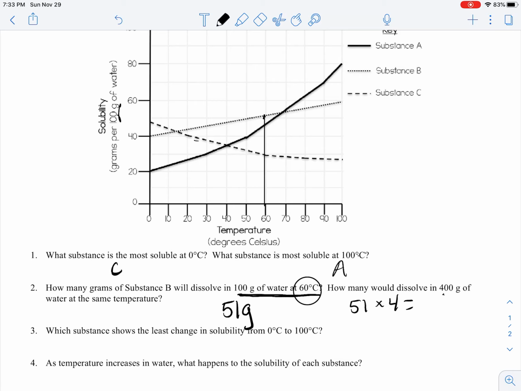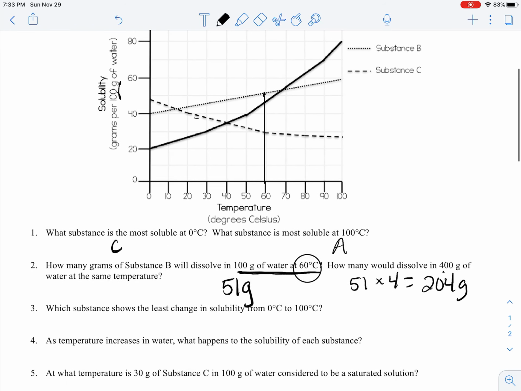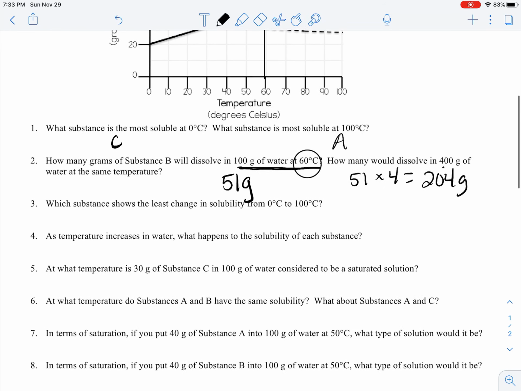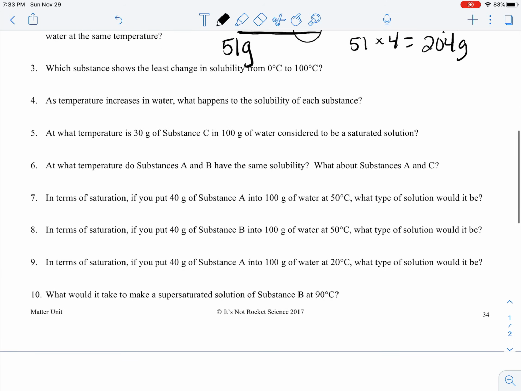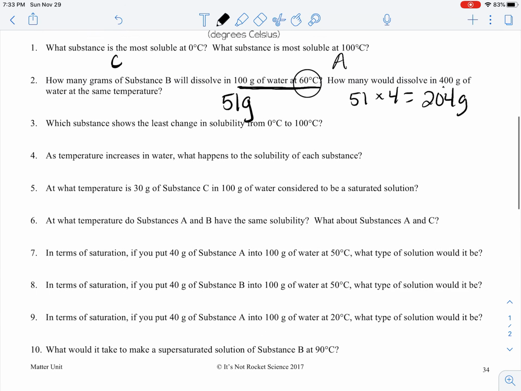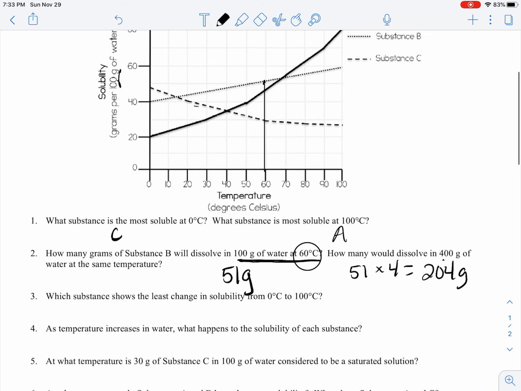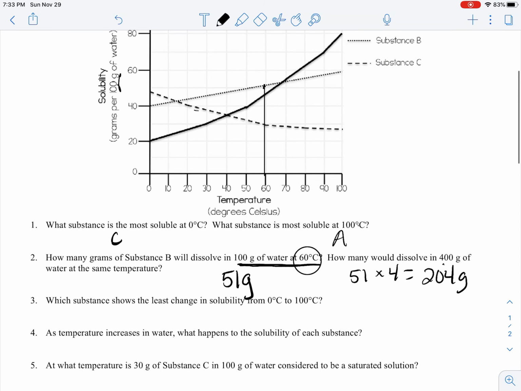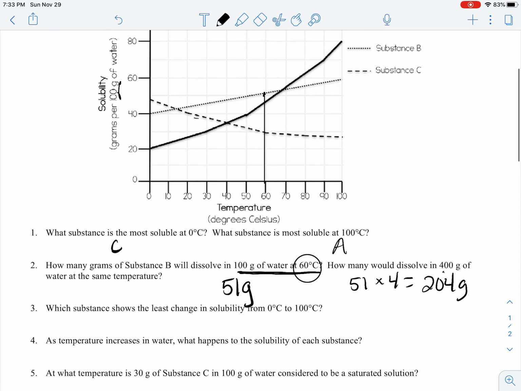So 51 times 4 is going to be 204 grams. So super easy. You might have to do a little bit of that as you're going through, but just answer every question. You might not get every single one of these correct, but try. Make a logical attempt to answer all these questions. This is really, really good practice for the ACT.